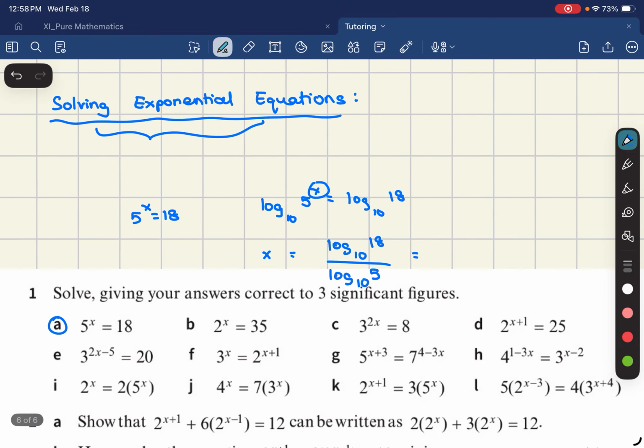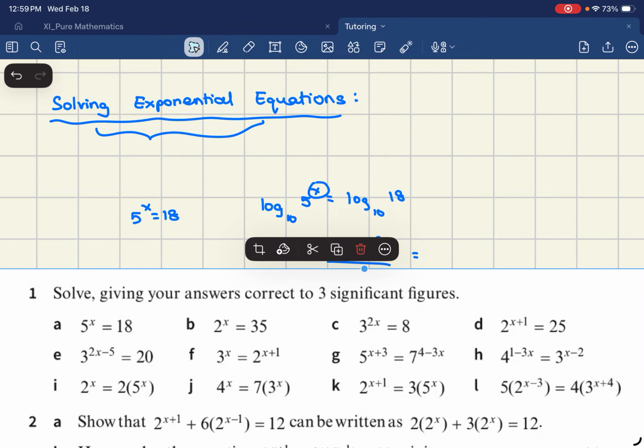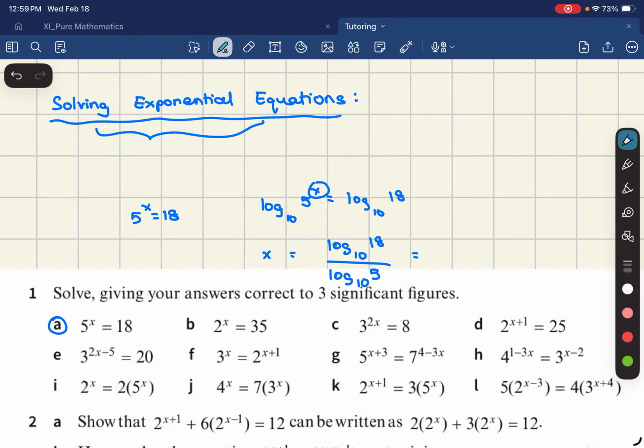So once I get this, then I can simply solve for x. You just want to put log 18 divided by log 5 in your calculator. And that is 1.795. So I would say 1.80 to 3 significant figures.